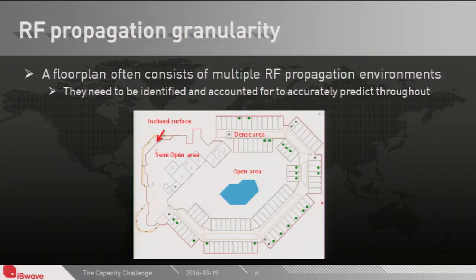If you have an RF planning tool that does ray tracing, then you really do not have to write down what you have, because ray tracing is going to take care of all this automatically. If you have COST 231, then you also don't have to identify those, because COST 231 is going to take into account the walls and open space as well.